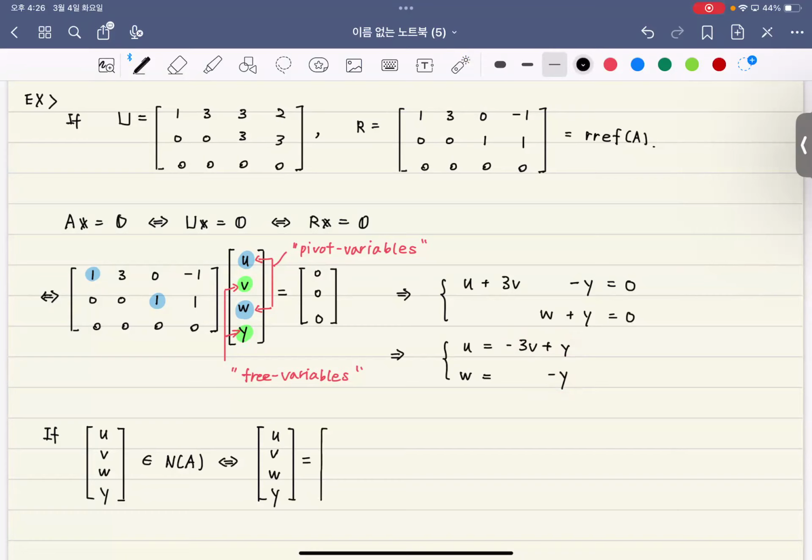Then minus 3v plus y, and v, minus y, and y is just y. Y just carries over. Now I want to rephrase this vector like this: negative 3, 1, 0, 0 times v, plus y times 1, 0, minus 1, 1. Right?